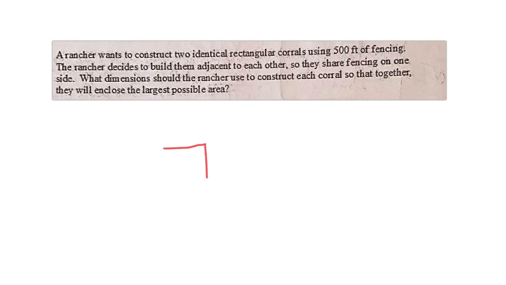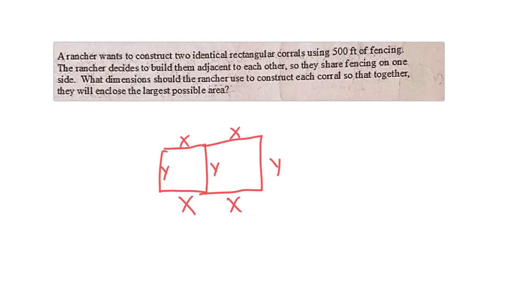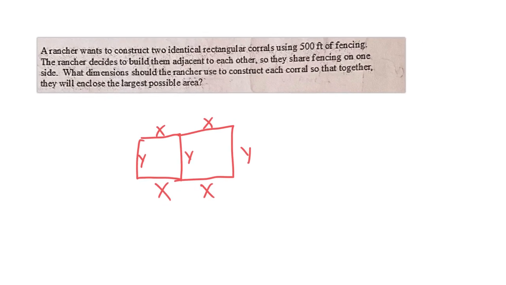Yeah, so whatever, we'll just imagine it's this, right? We could call this X, we could call this X, we could call this Y, Y, Y. This is X, this is X. For my student watching, I think my student recognizes probably that the total area of this is going to be 2x times y. That looks familiar actually.